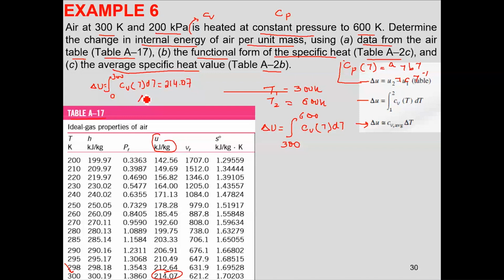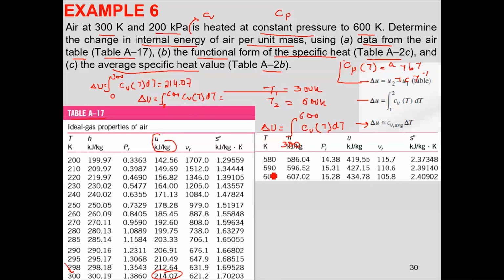Yes, sir. And delta U for the second temperature, 600, so from 0 to 600 Kelvin, Cv(T) dt, is essentially calculated from the remaining portion of the table. Temperature is 600, U value is 434.78.